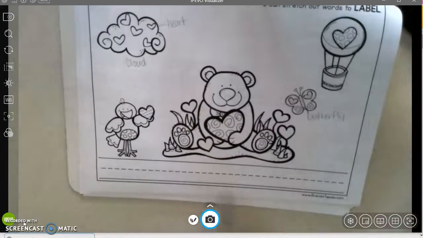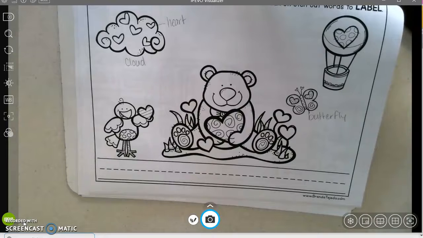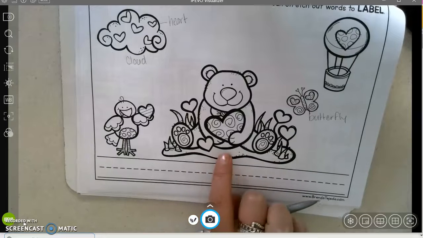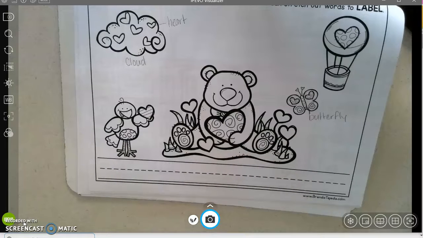Now, I want to think of a sentence that talks about this picture. Remember, our pictures match our sentence. We don't want to talk about going to Disneyland in this picture, right? Our sentence wouldn't be about going to Disneyland when we have a bear with hearts, would it?